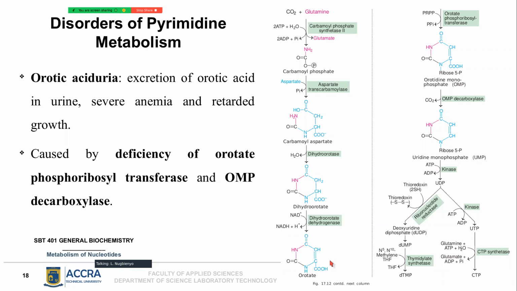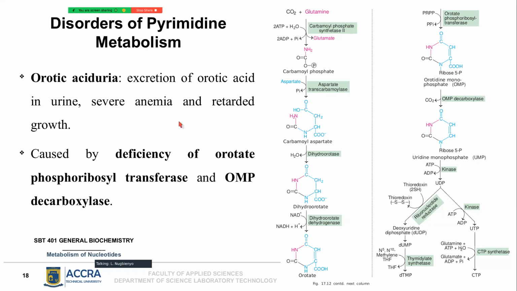So take note, in the breakdown of purines, we talk about elevation in the amount of uric acid, but here we are talking about what? Orotic acid. And the elevation of this orotic acid in urine can cause some retarded growth, some severe anemia.